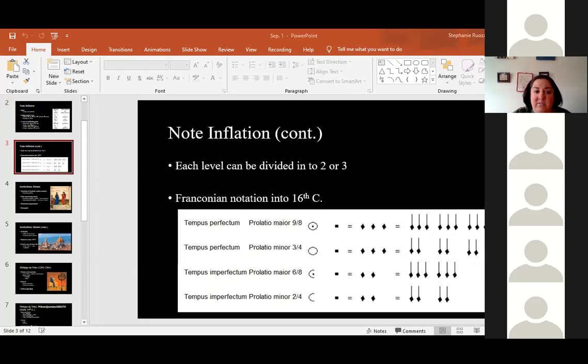So each of these levels, like I said, can be subdivided into 2, which was good, or 3, which was the most desirable. So let's look at the way these transfer into modern time signatures. If I have perfect time, then that means my time is subdivided into 3. So I have 3 beats in a measure. If I have major prolation, that means my beat is subdivided into 3.